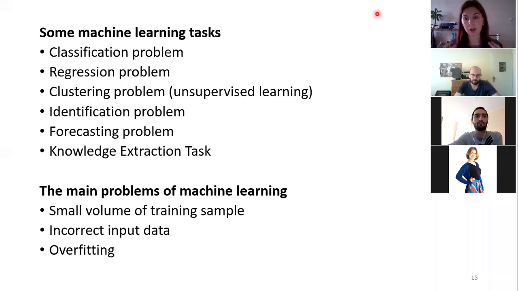And the knowledge extraction task is when we try to extract some information from text. For example, we may analyze tweets with some hashtag, for example Trump, and try to analyze whether we have a negative or positive reaction to this hashtag.